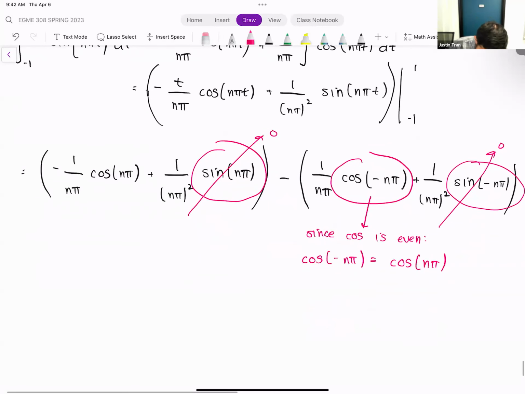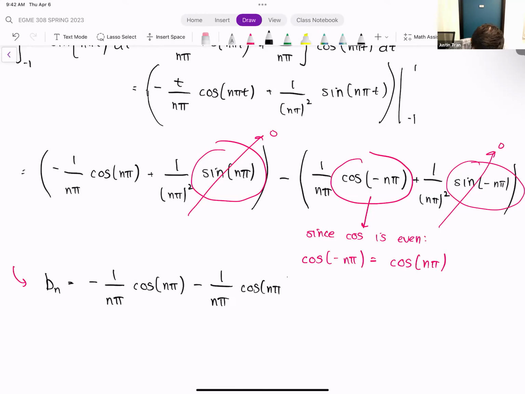And remember, what we're solving for is Bn. If we drop the sine terms and make that change for the cosine, we get minus 1 over n pi cosine n pi minus 1 over n pi cosine n pi.